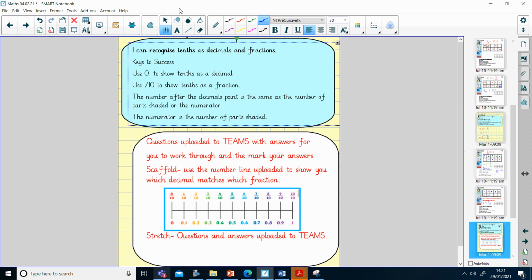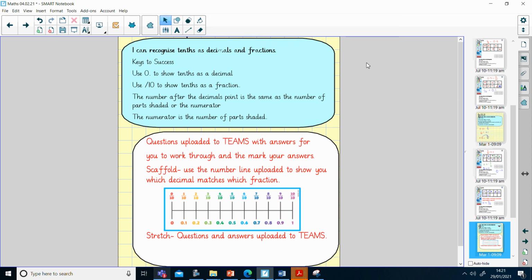Okay, let's have a look at our learning for today. So we're going to be carrying on with recognising tenths as decimals and fractions. There aren't any questions on maths.co.uk for you today. What I need you to do is to look at the questions that I've uploaded into the Teams folder for today's maths. They are uploaded and there are answers to help you. There is a scaffold uploaded to help you with those questions.